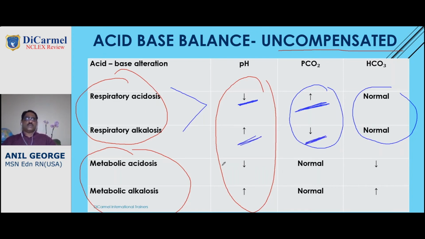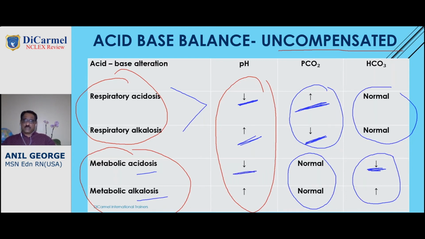And when we go to the metabolic mechanism, whether it's acidosis or alkalosis, what do you see here? If the problem is metabolic, we consider the carbon dioxide level to be normal. We don't worry about the CO2 part, unless the body starts to compensate. The part we are concerned with is the bicarbonate value. When the bicarb decreases, the pH decreases, and the body can go into metabolic acidosis.